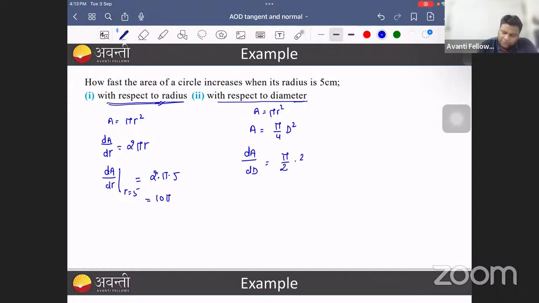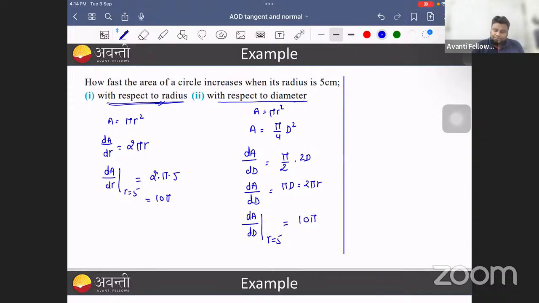Pi by 4 into 2d. So dA by dd is pi d by 2. Now d is 2r, so it is again pi r. So the rate of change of area with respect to diameter, while radius is 5, is also going to be 10 pi. Am I correct? Got it?